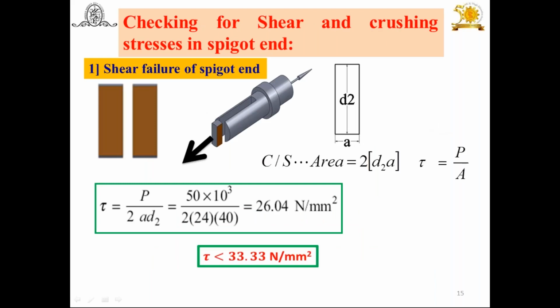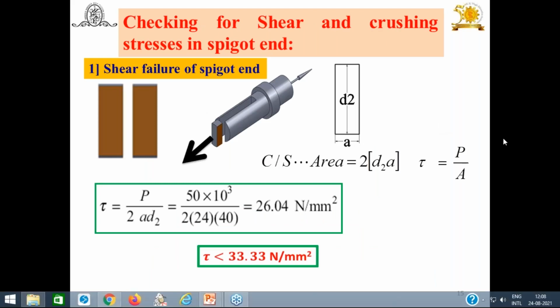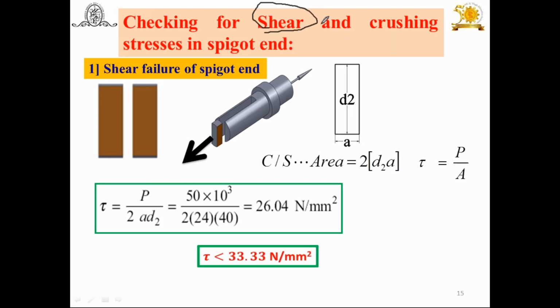Again, you have to check all these values against shear failure and crushing failure. You know very well, the spigot is going to fail against shear because of this slot. Similarly, the socket is also going to fail in the slot because of shear, and socket and spigot both are going to fail because of shear and crushing.